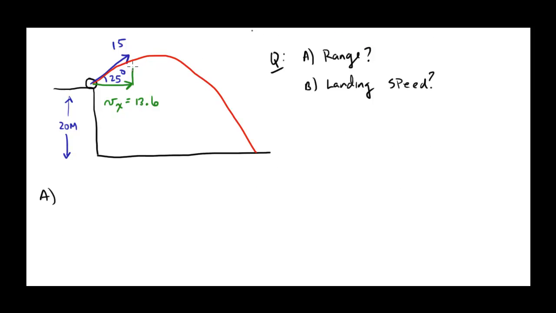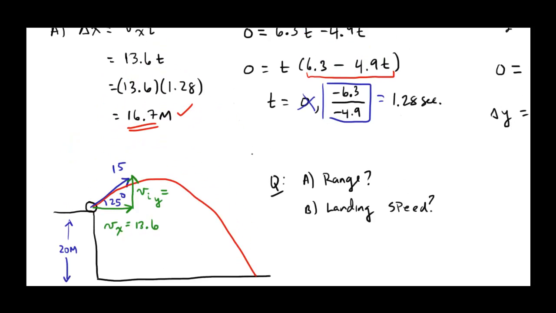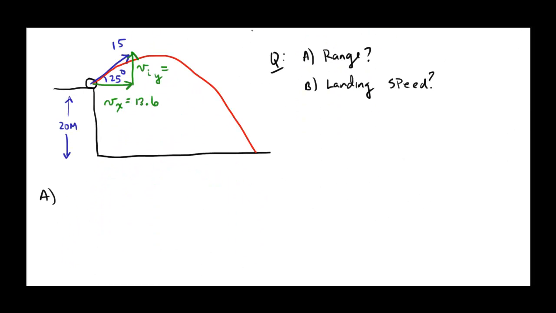And my V initial y is, what did we have up here? 6.3. Okay, so now if I want to know my delta x, I'm going to say delta x is Vx 13.6 times t. And if I can find t, I'm home free.